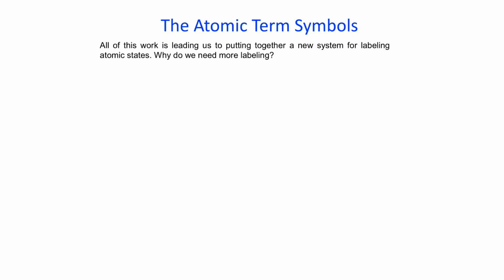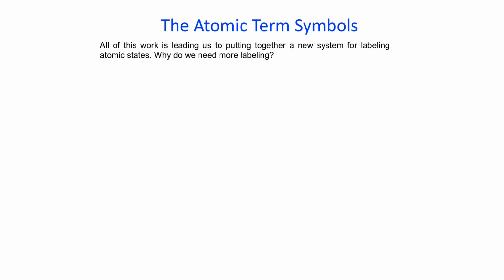You might be asking yourselves at this point, why are we doing all of these random accounting and labeling of our electrons? What is all this work for? Well, it's allowing us to put together a new system for labeling our various atomic states that we encounter for our atoms.